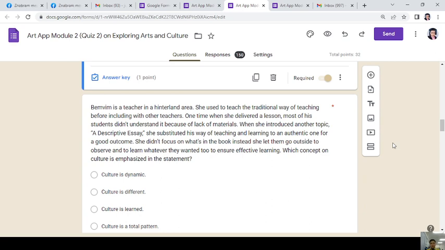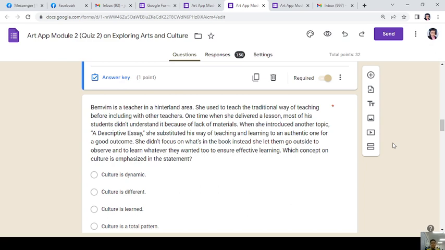One time when she delivered a lesson, most of her students did not understand it because of lack of materials. When she introduced another topic, a descriptive essay, she substituted her way of teaching and learning to an authentic one for a good outcome. She didn't focus on what is in the book. Instead, she let them go outside to observe and to learn whatever they wanted to ensure effective learning.